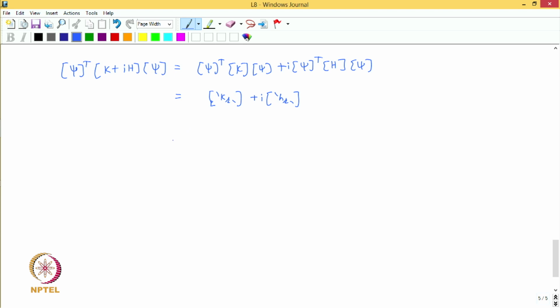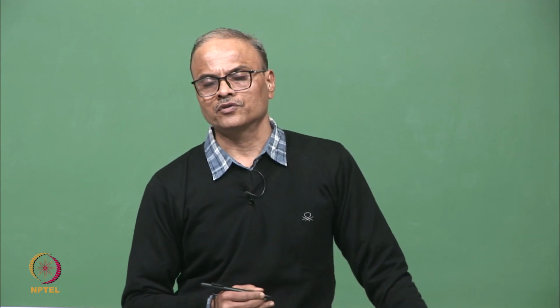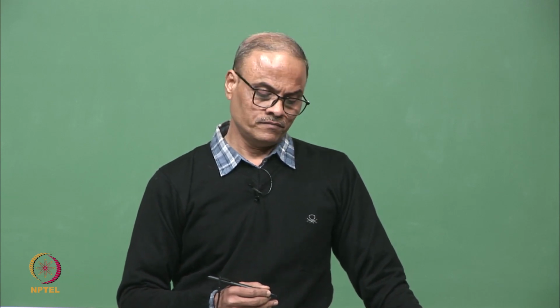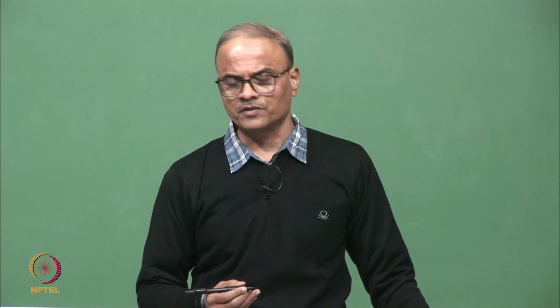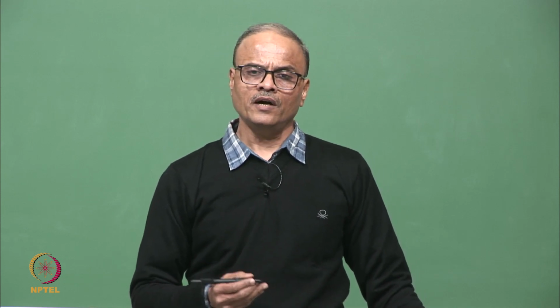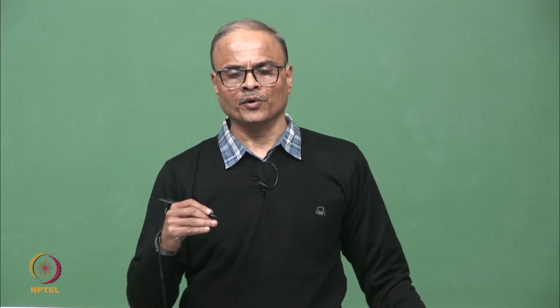Now, if you invoke the definition of the structural damping matrix, the relationship between the structural damping coefficient and the loss factor we defined for the single degree of freedom system, then we can apply that at the modal level, at the level of each mode.